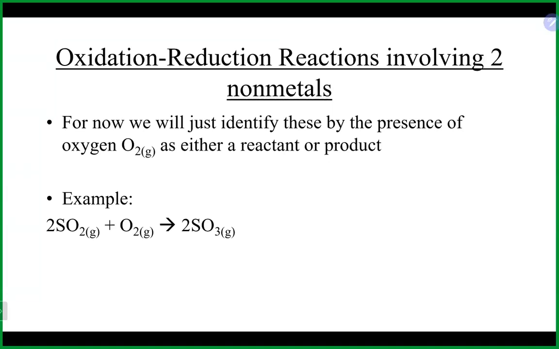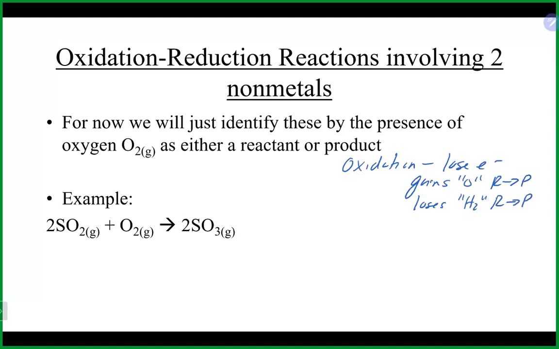So sometimes it's a lot easier to look at oxygen or hydrogen. A couple of other definitions of oxidation, in addition to losing electrons, are if something gains oxygen as you go from the reactants to products, or something loses hydrogen as you go from reactants to products.